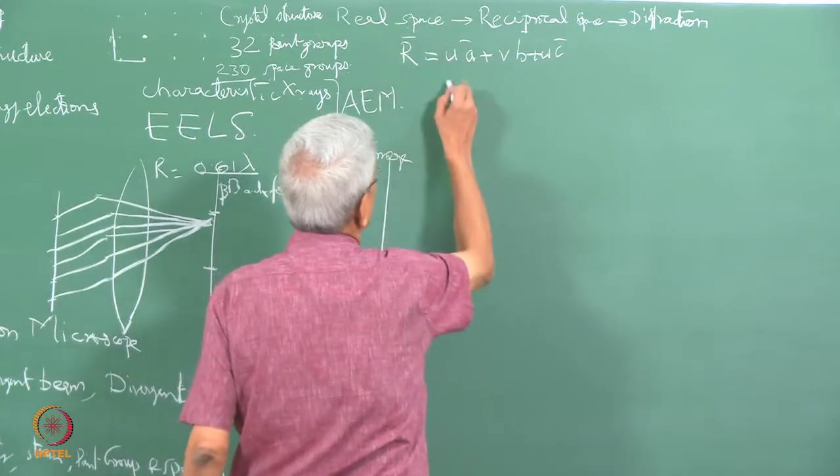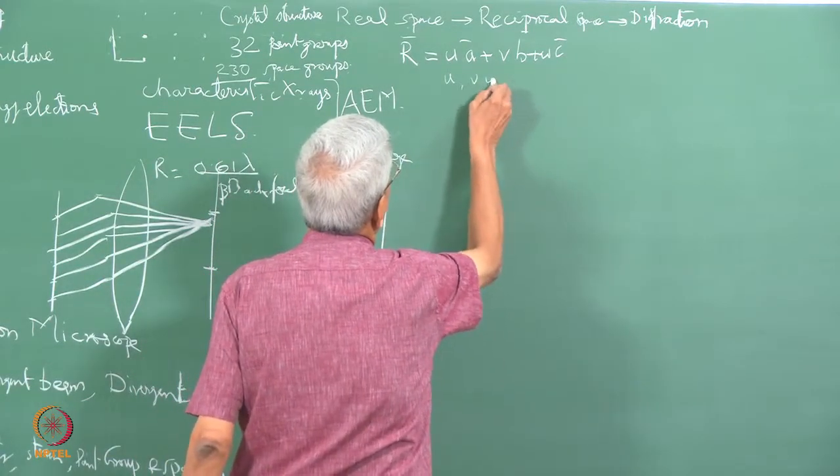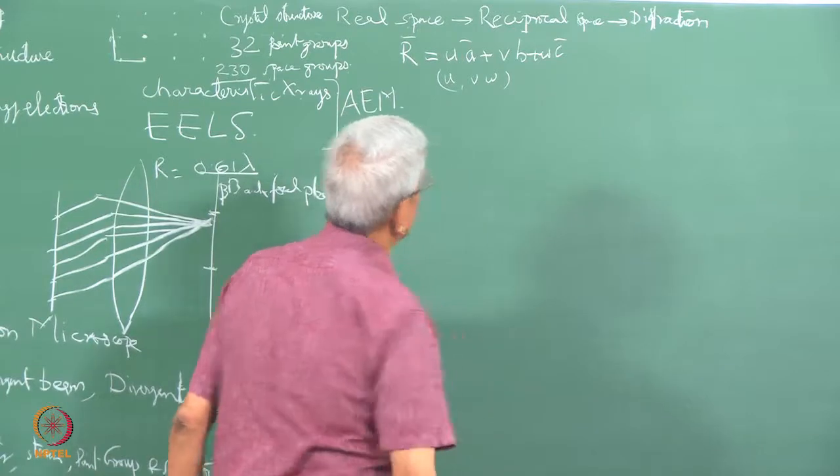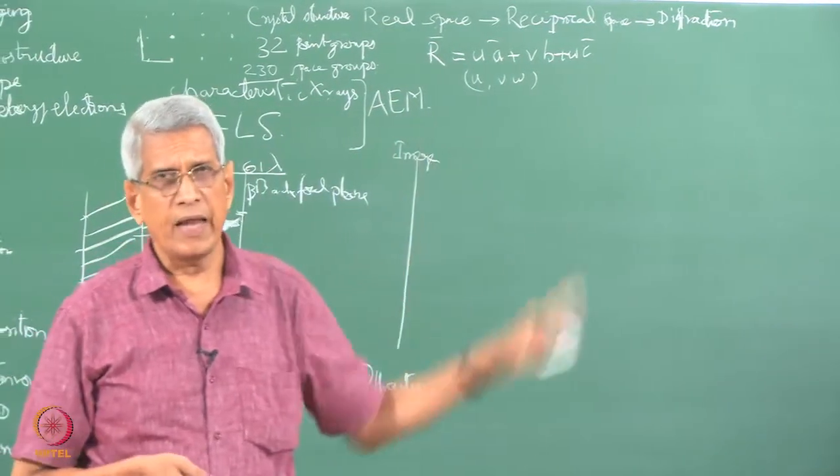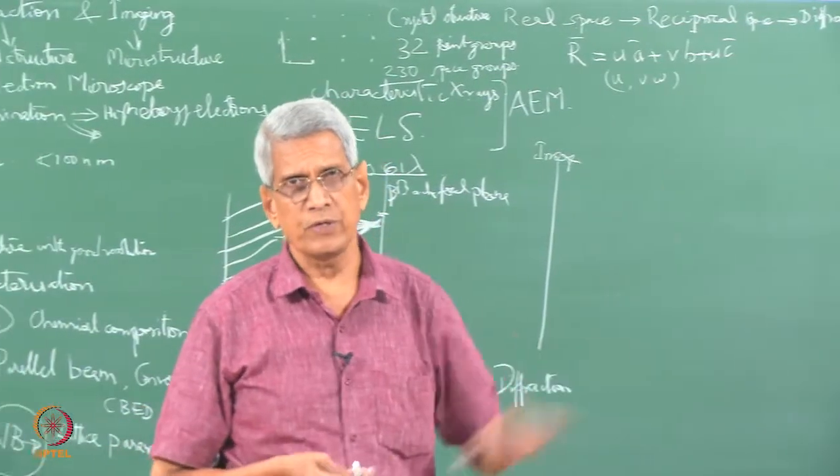And u, v, w are all integers, positive or negative. With this, all the lattice points could be described. This is one way to describe it.